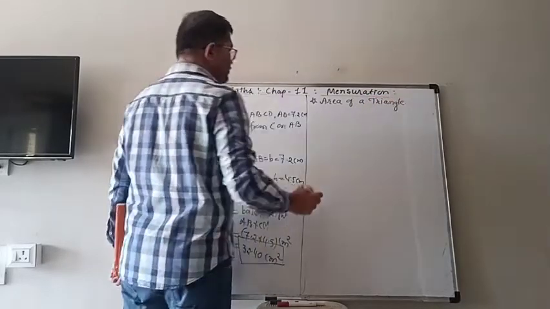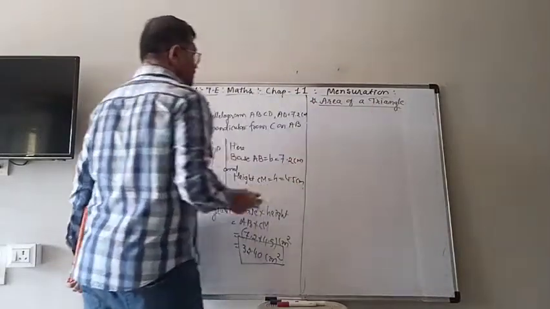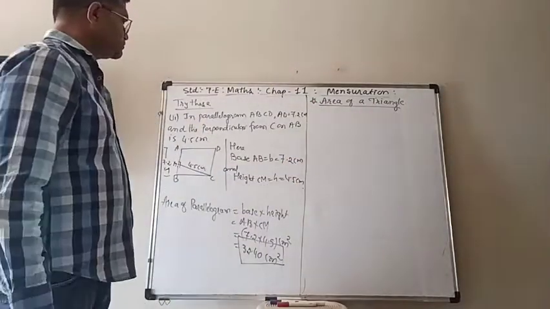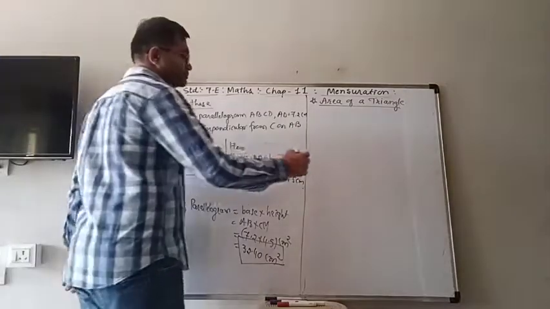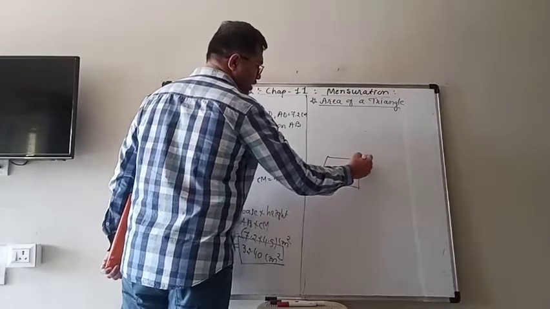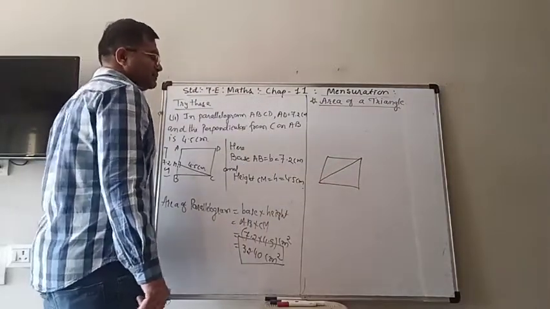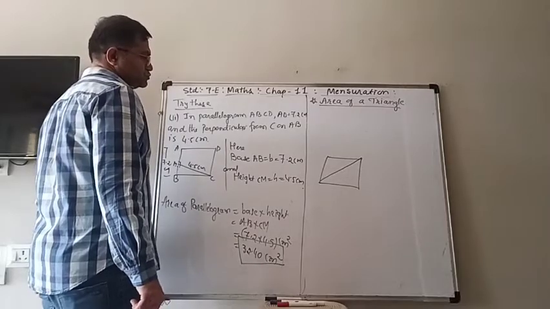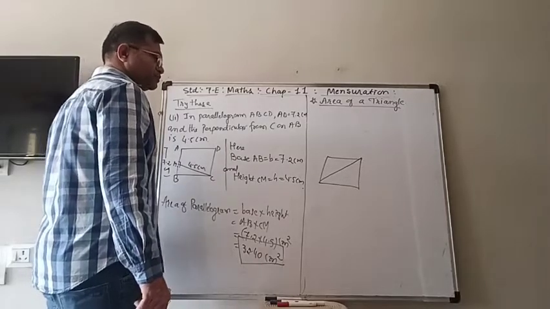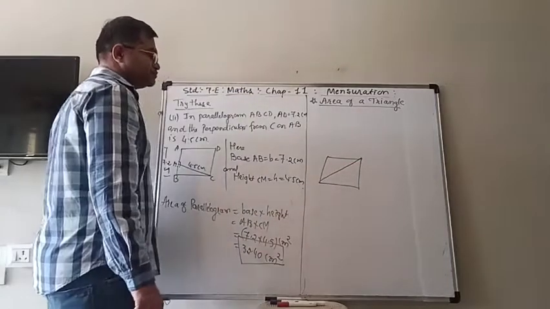Now to find the area of the triangle also, it is nearly the same as the parallelogram. You can see that if we draw a diagonal in parallelogram, then two triangles are formed.